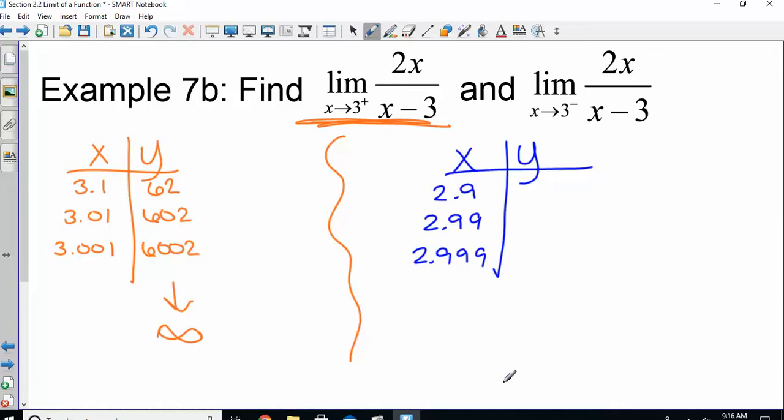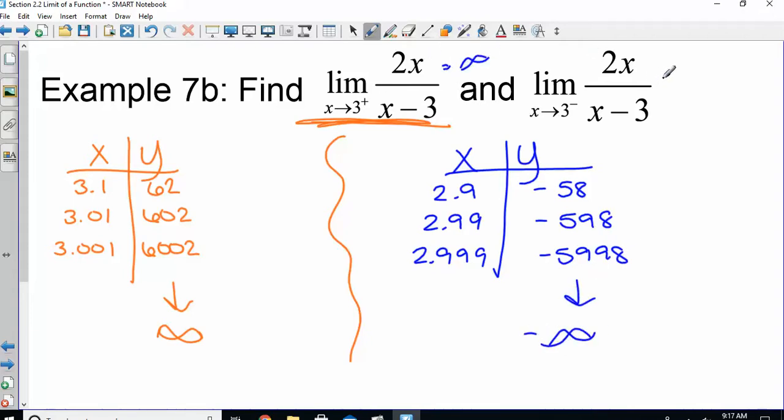And I'm getting negative 58, negative 598. I think I can guess what the next one is, but I should probably check. Negative 5998. What's this one going to? Negative infinity.